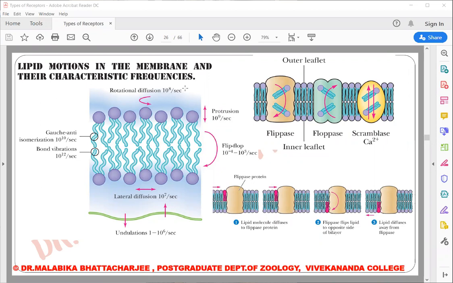So these are the variety of movements. And we studied the enzymes associated with the movements, specifically when the phospholipid molecules move from the outer leaflet to the inner leaflet, or from the inner to the outer, or both ways.